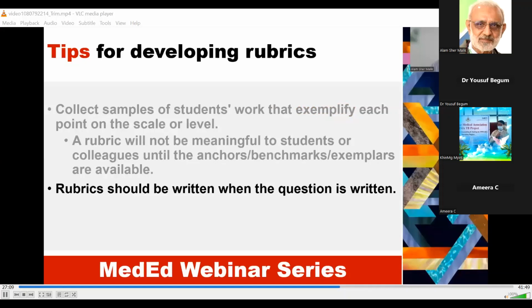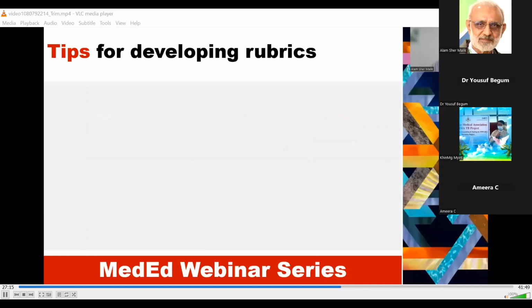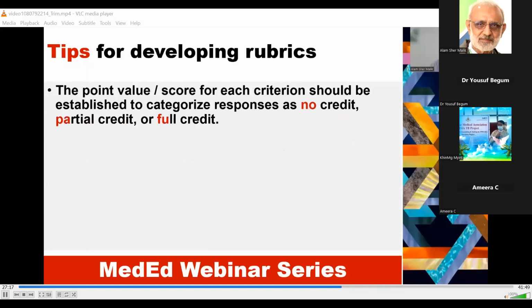A rubric should be written when the question is written, and expect to revise based on feedback. The point value or score for each criterion should be established to categorize responses as no credit, partial credit, and full credit.